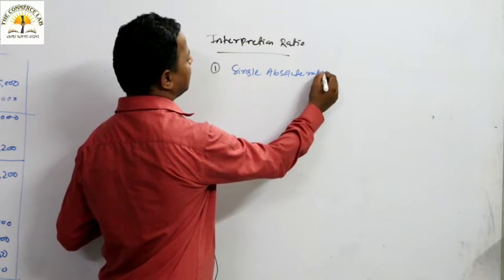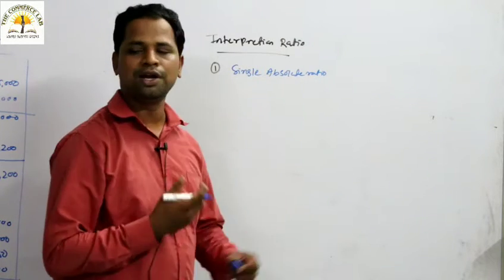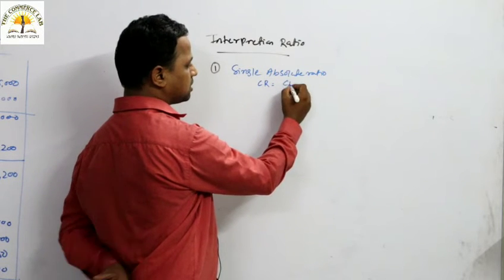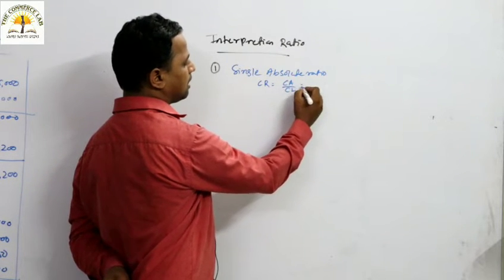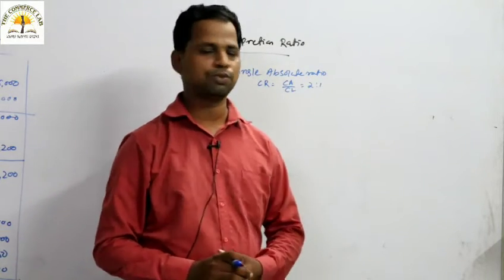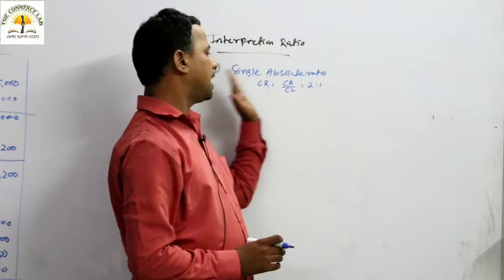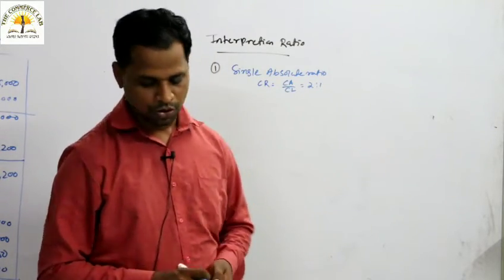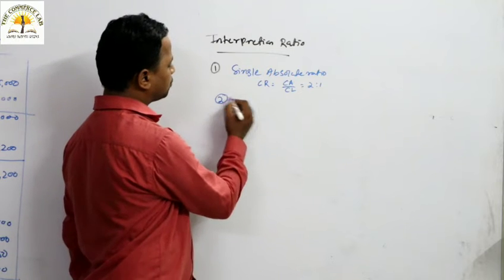By calculating a single absolute ratio, you can interpret the ratio. As I told earlier, current ratio is current asset by current liability. It should be 2:1. The rule of thumb is there. So by calculating one ratio, you can interpret.